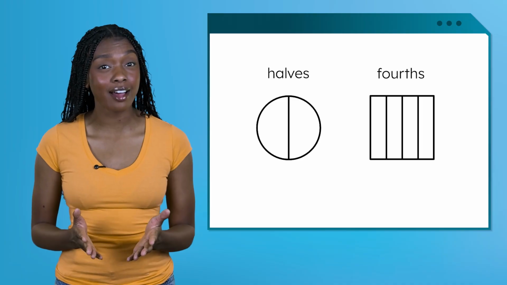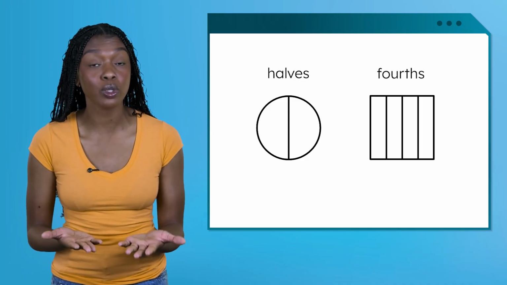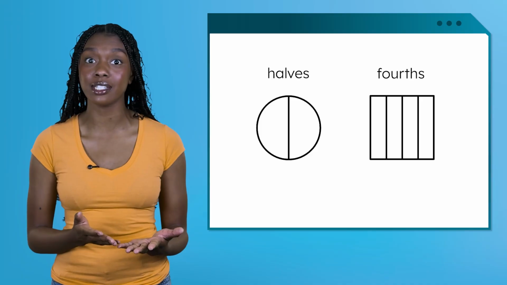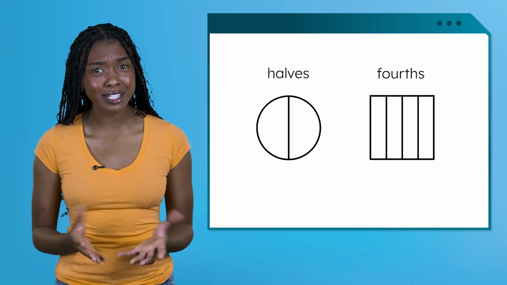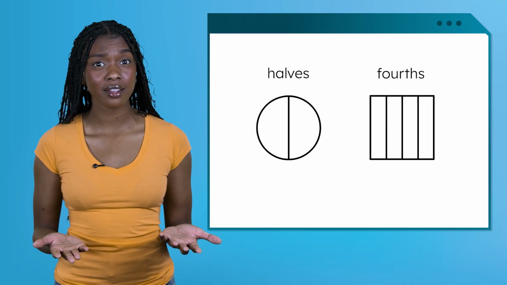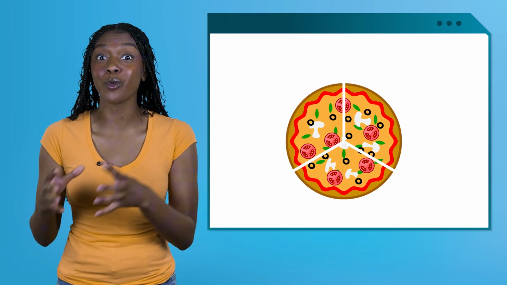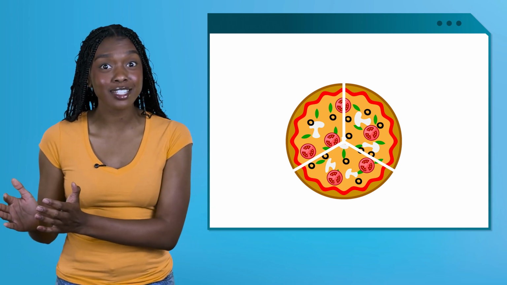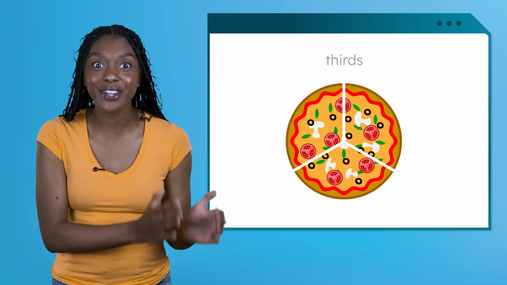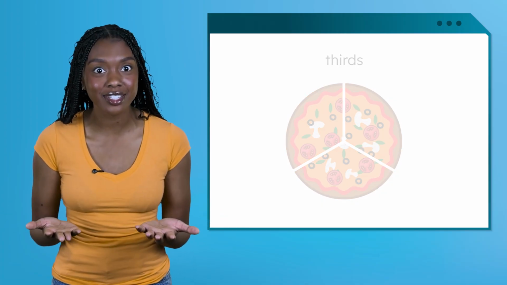We've reviewed halves, which are made of 2 equal pieces, and fourths, which are made of 4 equal pieces. If we cut a shape into thirds, how many pieces do you think it would be? Similar to how 4 is part of the word fourths, when there are 3 equal parts, the pieces are called thirds. Let's split up some shapes into thirds.